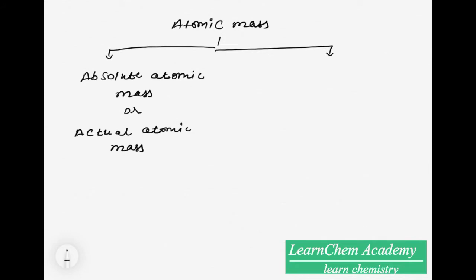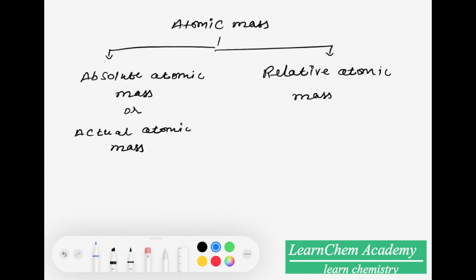And the second one is relative atomic mass. The absolute atomic mass, or actual atomic mass, means the mass possessed by an atom.